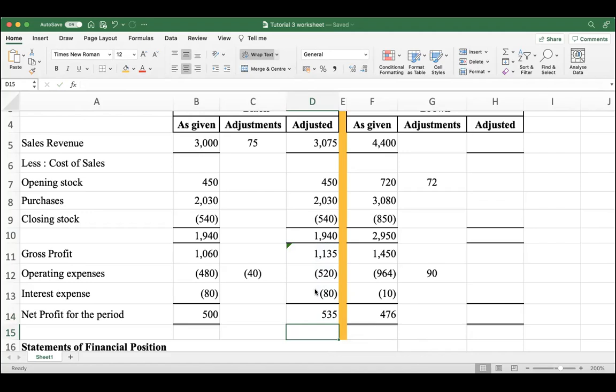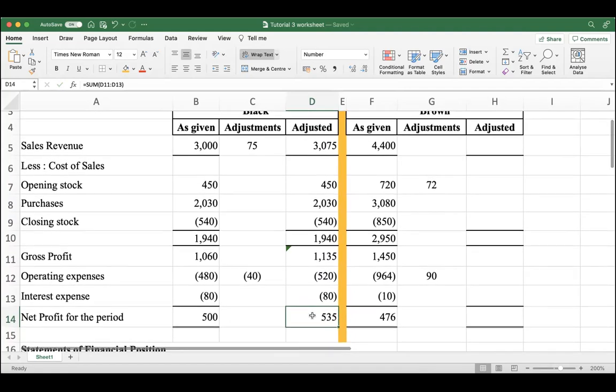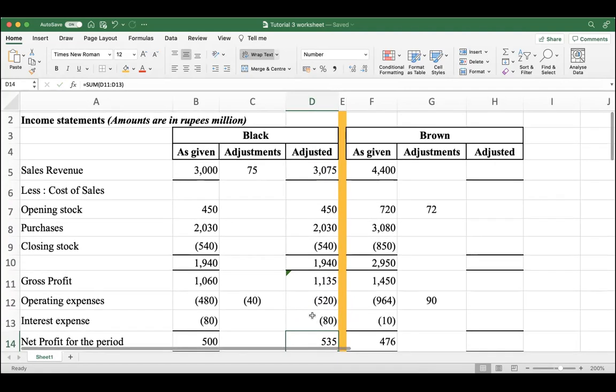Now you see revised profit 535. Now here we don't have taxes. If we had taxes, we should adjust taxes. To simplify, I have not taken taxes here.